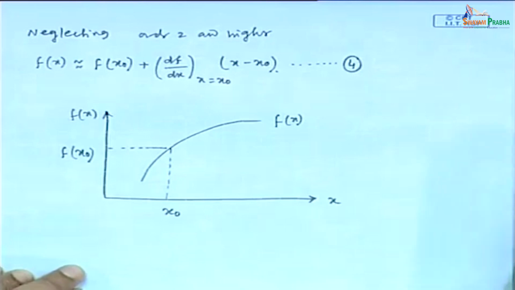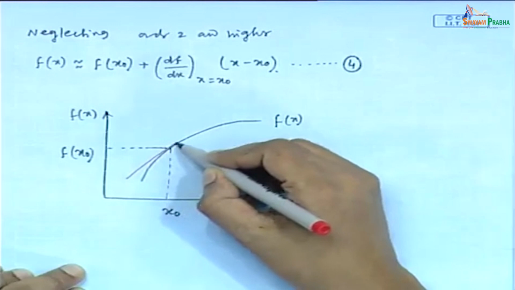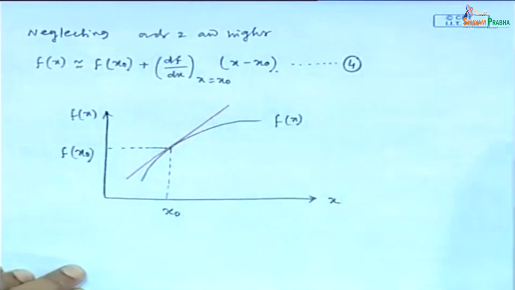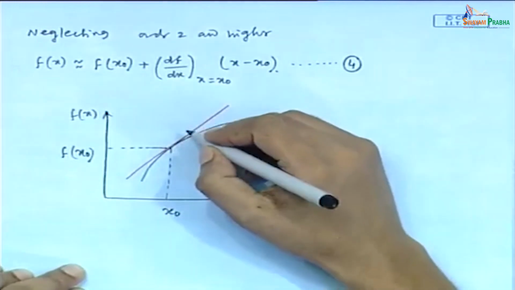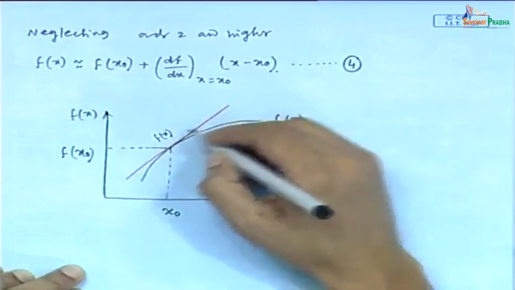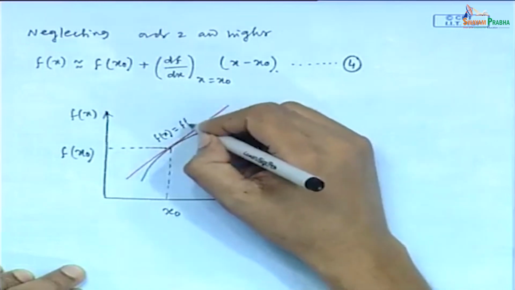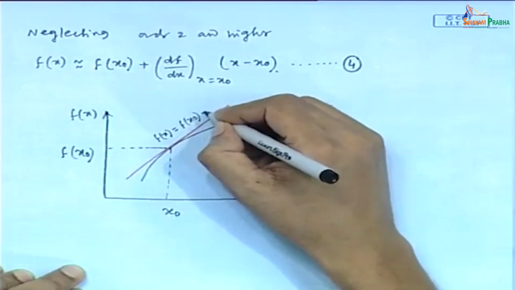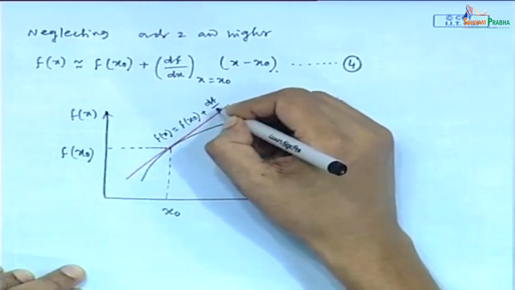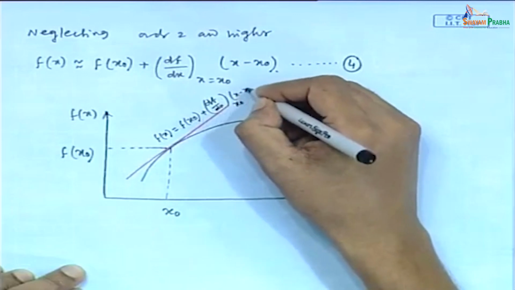Now, if we linearize with respect to this point, this linear function is represented by f x naught plus df dx at x naught, x minus x naught.